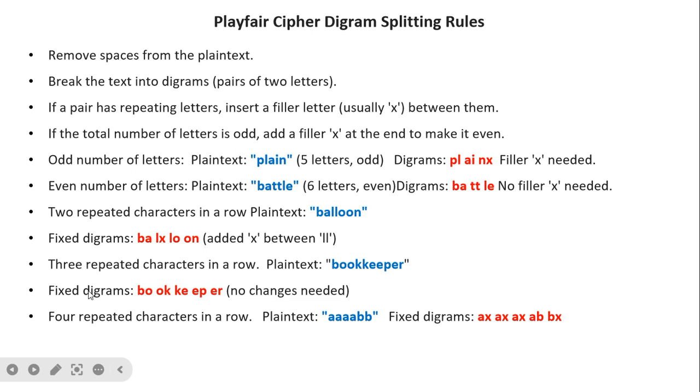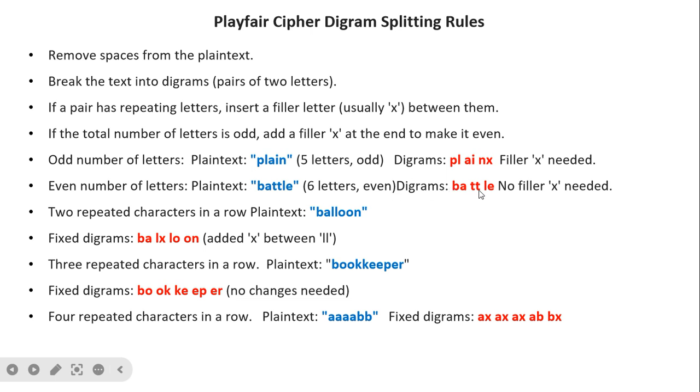For example, now we see a variety of examples. For example, the plain text has 5 letters, an odd number of characters. So we make the digrams like PL, then AI, and for the last we are filling X as a filler. For an even number of letters there is no need to fill. For example, BATTLE.